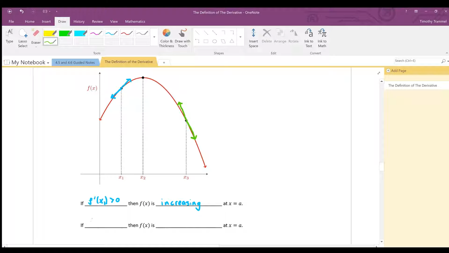So if f prime of x3 is less than 0, then f of x is decreasing at x equals a. And there's technically a third case in here. At x2, you can see we have a horizontal tangent line. We have a slope of 0, and it's neither increasing nor decreasing.